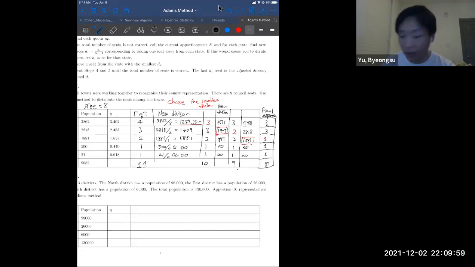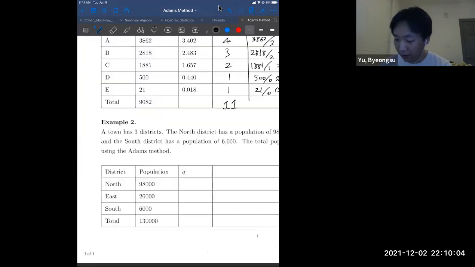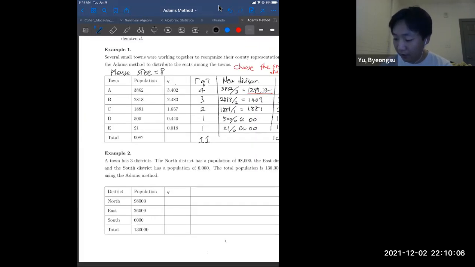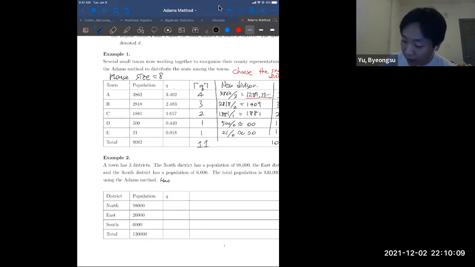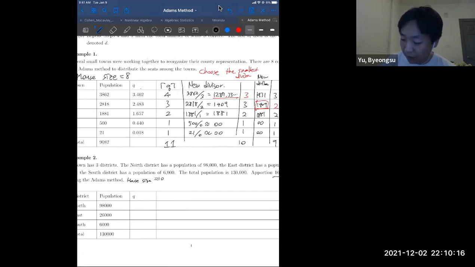Okay, then let's deal with the next example. The next example is much easier than before. Here again, the house size is 10, for 10 representatives. So the standard divisor is just your population divided by 10, which is 130,000, so it is 13,000.